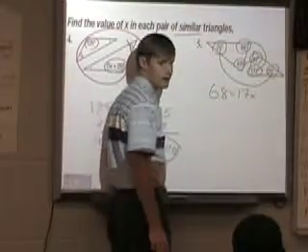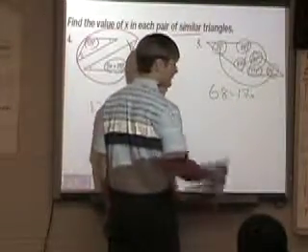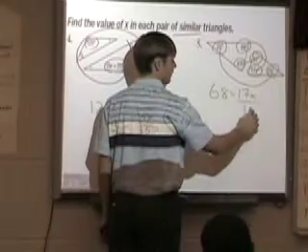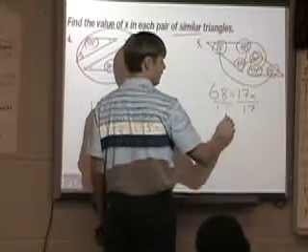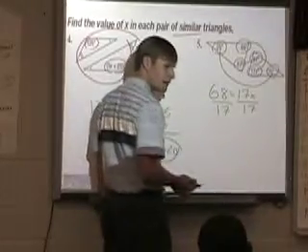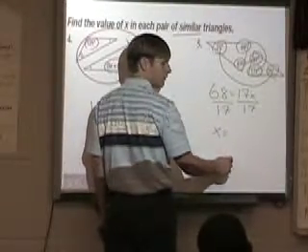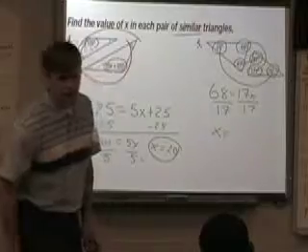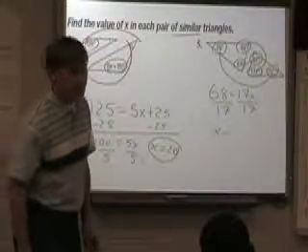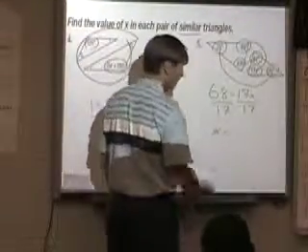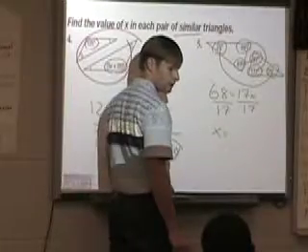Now what? Divide by 17 on both sides. You're not going to divide by 68 on both sides. So what does x equal? 4.